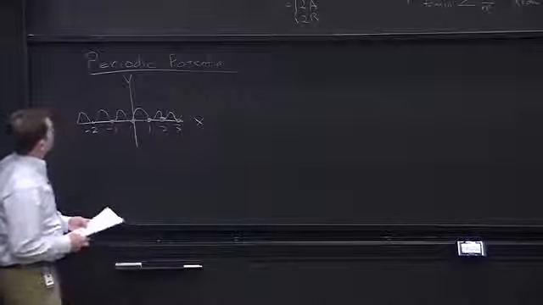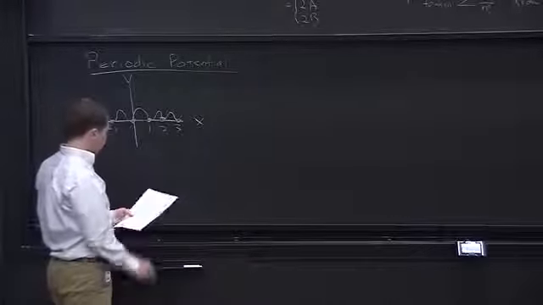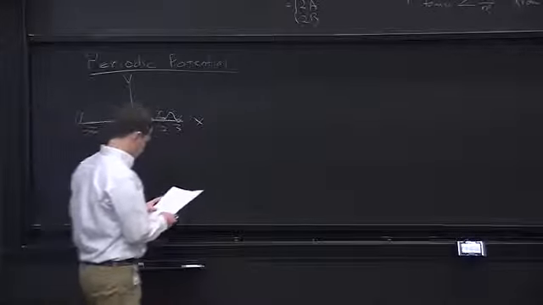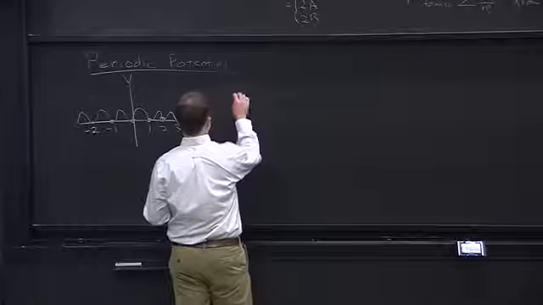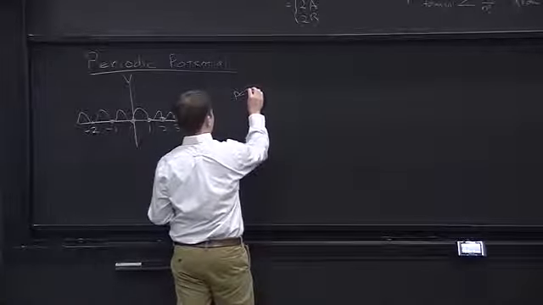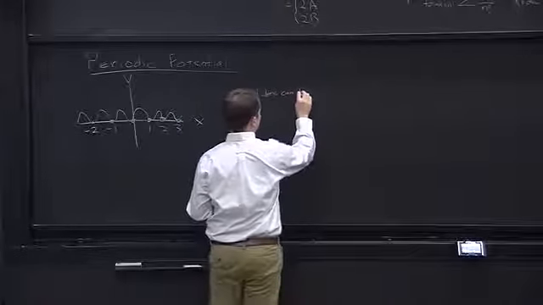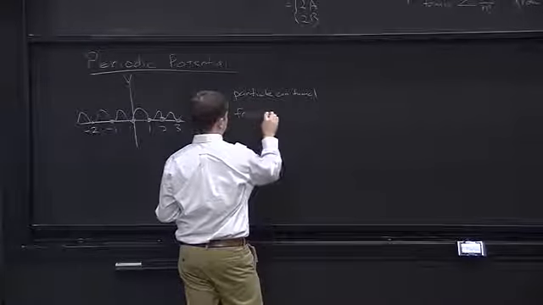And so the analysis we did for the double well potential carries over with just a few minor changes to this problem. So the major difference here is that the particle can tunnel from any minimum to any other minimum.